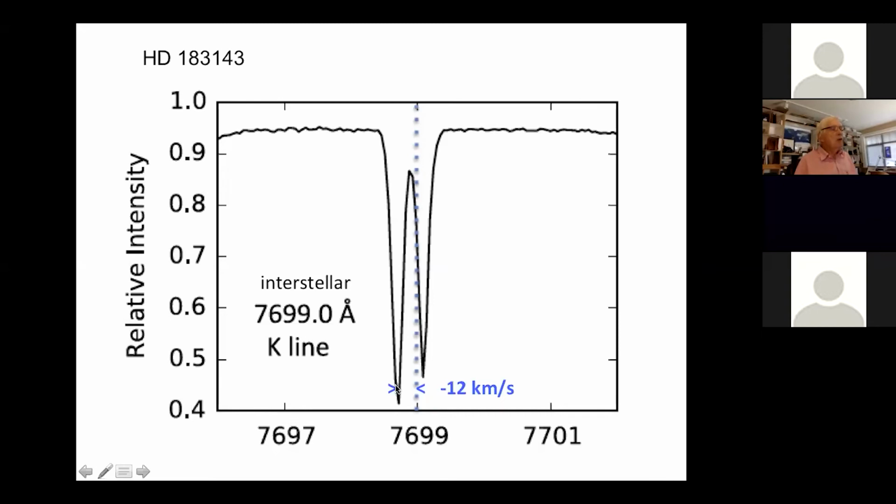And the strongest one lies about 12 kilometers per second to the short wavelength side of the zero velocity, and the other one just a few to the positive side. So what do you take? How do you line up the bands which we've found in the reddened star with the lab lines?